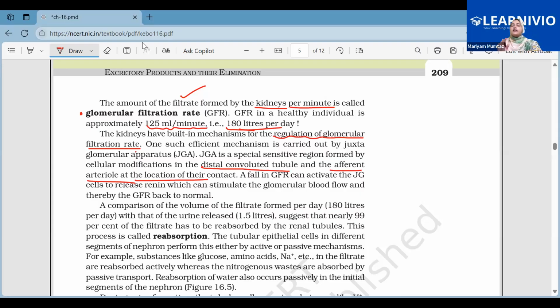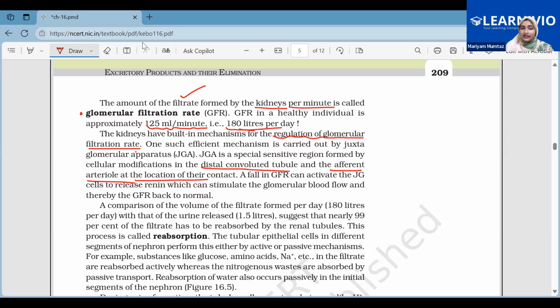Now, if in any person the glomerular filtration rate is decreasing, meaning that amount of filtrate is not being formed, then these JG cells, the juxtaglomerular cells, become active.